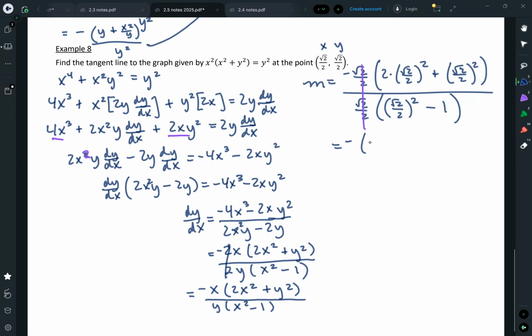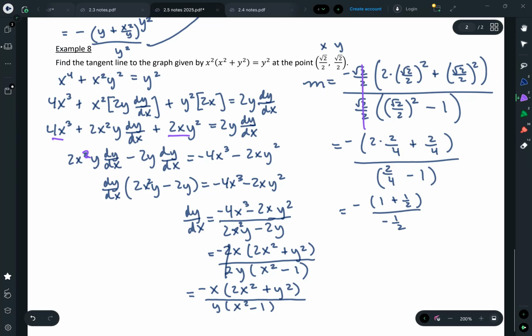So I'm going to have a negative of 2 times 2 fourths plus 2 fourths. In my denominator, that's going to be 2 fourths minus 1. So 2 fourths is really 1/2, right? So 2 times a half is just 1. And so I really have just 1 plus 1/2. And then in the denominator, I have 1/2 minus 1, which is a negative 1/2.